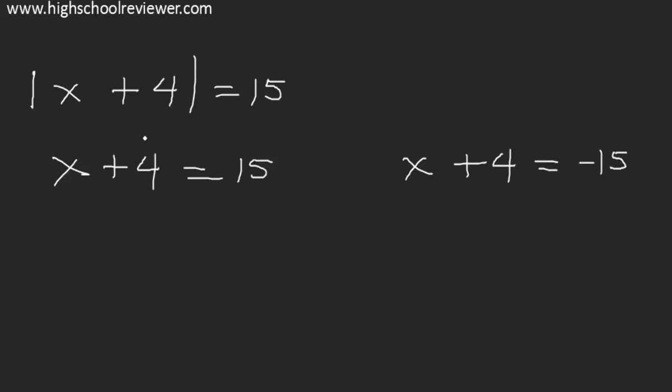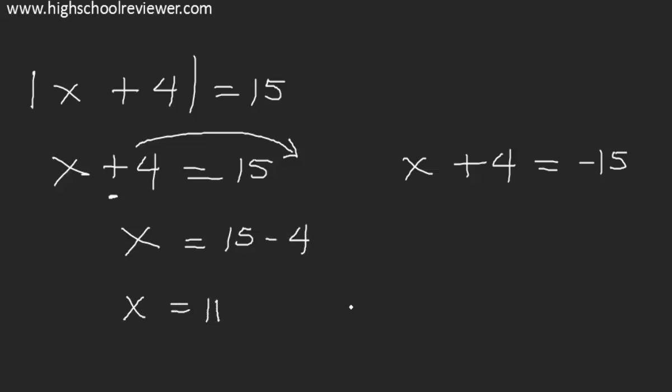So for x plus 4, you just transpose that to the other side. What will be left here will be x. This will be equal to 15. Since we transpose positive to the other side, this will become negative 4. So x will be equal to 15 minus 4, that is positive 11.